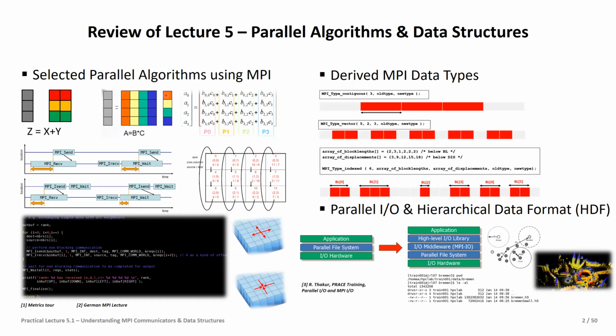This word, nicely or embarrassingly parallel, as it was called in previous times, means that in order to compute this fellow here, which is the gray result in the end, you basically just have to know the information in this matrix part and this column part here of the same color.